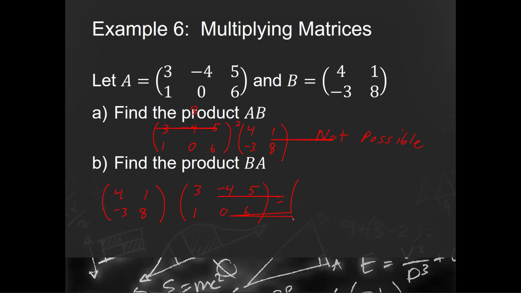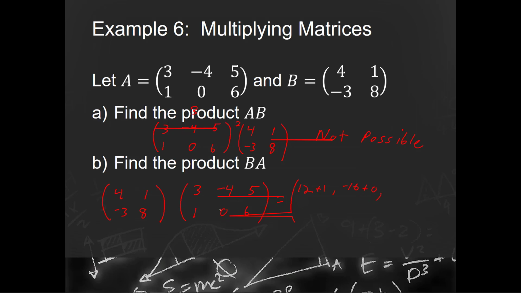Okay, so the first element is going to be equal to 4 times 3, which is 12, plus 1 times 1, which is 1. The second element is going to be 4 times negative 4, which is negative 16, plus 1 times 0, which is 0.